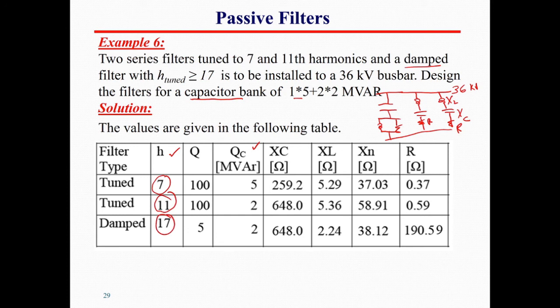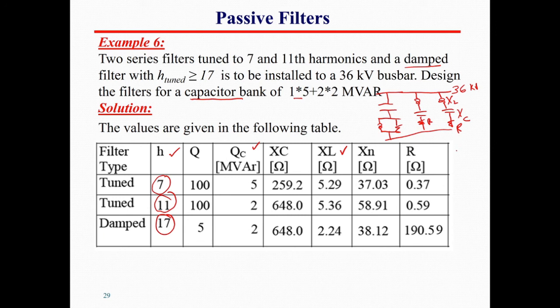Okay, so for the XC, the voltage is given, the Q is given, then of course we can calculate XC. Once we know XC, once we know H, we can calculate XL. XN is the square root of XC times XL, and then you can find R from the quality factor, right?